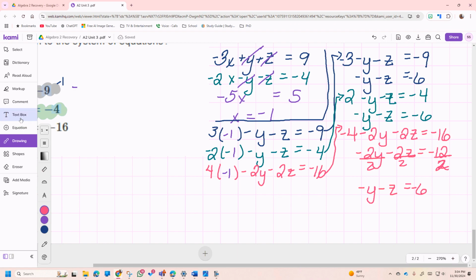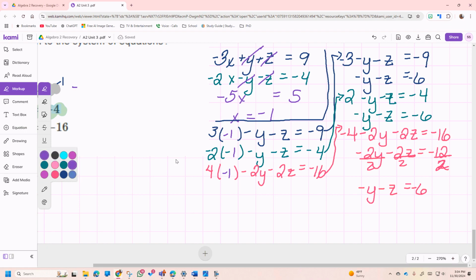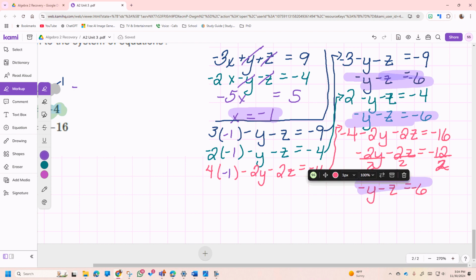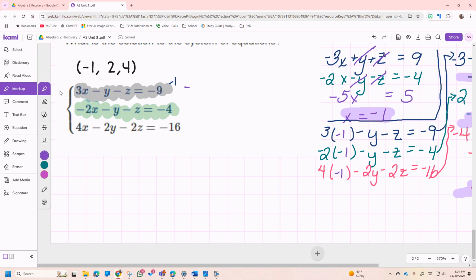So what that tells me is that as long as x is -1, y and z can be anything. So the fact that you have 3 options, all you need is that -1 to be the x value.